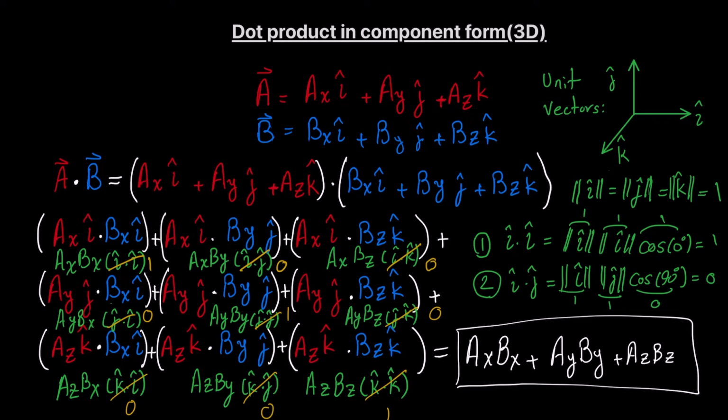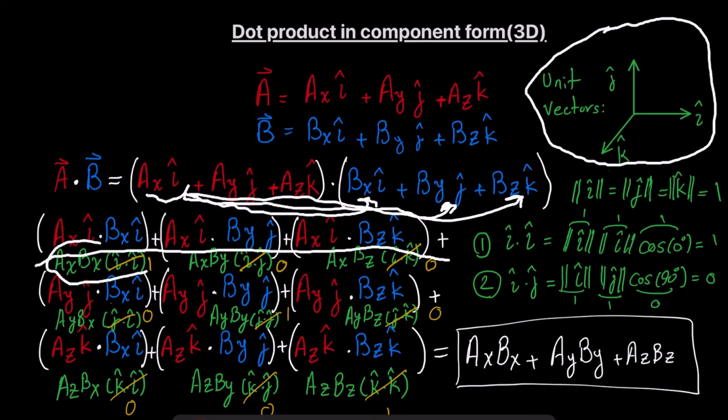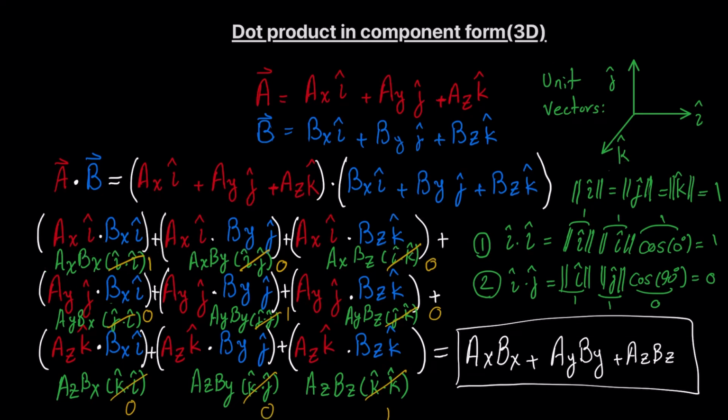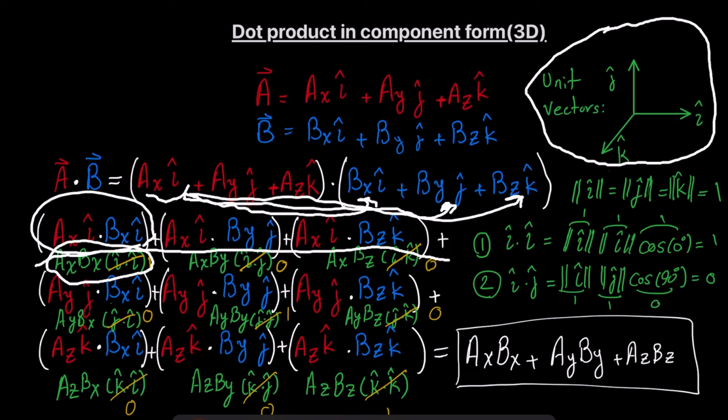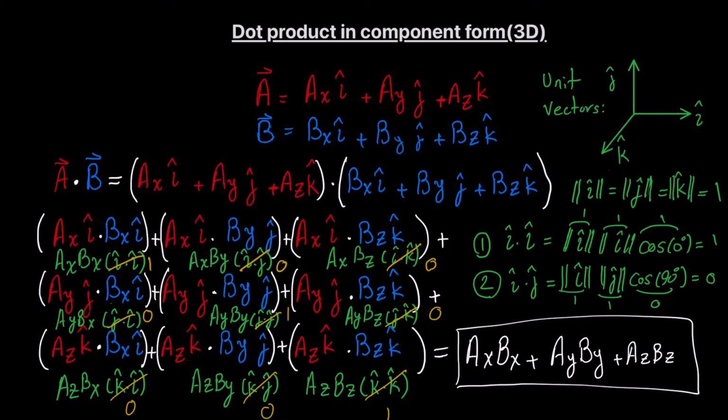And the next step after writing out all these 9 terms individually is the green. What I've written in green for you here is just trying to simplify that a little bit. So what we have is the dot product is a vector operation, so it acts on vectors. Ax, bx, focusing on the first term right now. Ax, bx, they are both scalars. They're both magnitudes.